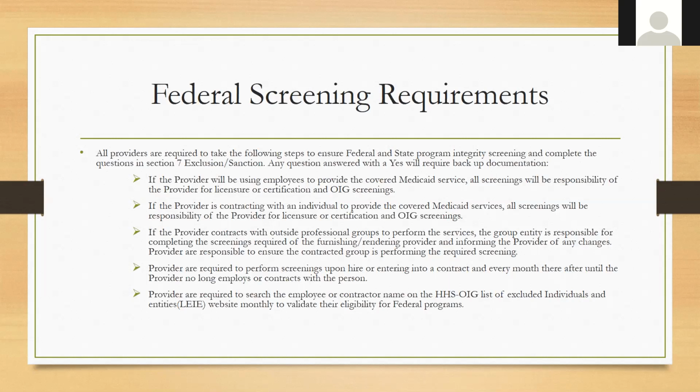Sorry, we have offices, but we provide our services in people's homes for enhanced family care and adult foster care. So one office might serve 30 people, but the services are actually occurring in their homes. That's okay because you use the office address. The office would be your location address.